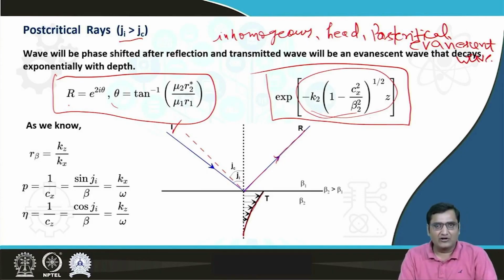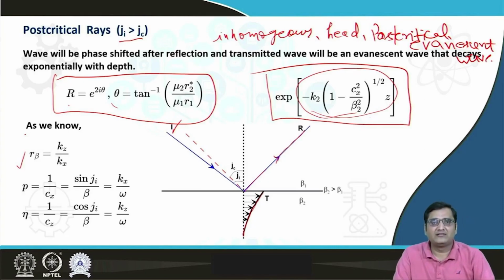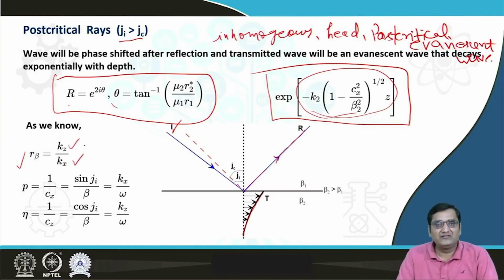Let's recall some of the formulas that we discussed in the previous lectures. We define this parameter as equal to the ratio of the vertical wave number to the horizontal wave number, that is kz by kx, and p is the horizontal slowness parameter.